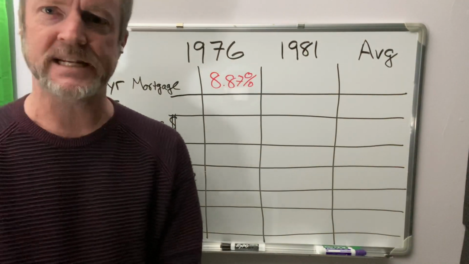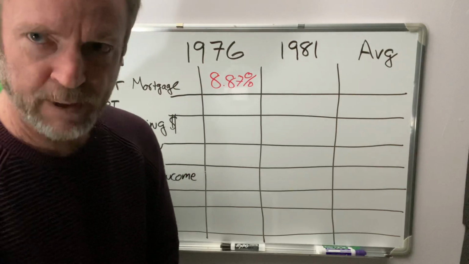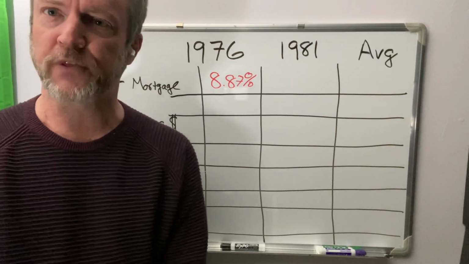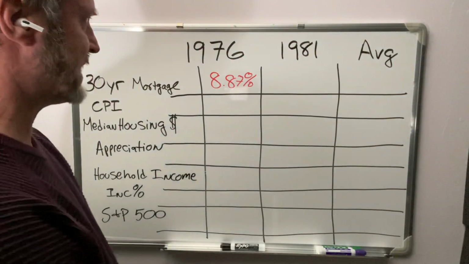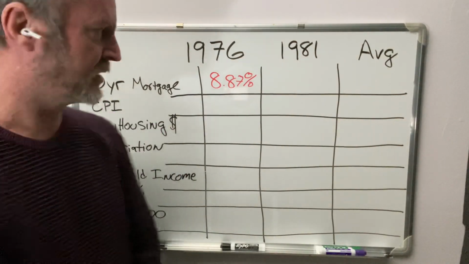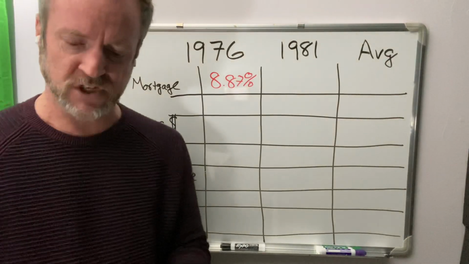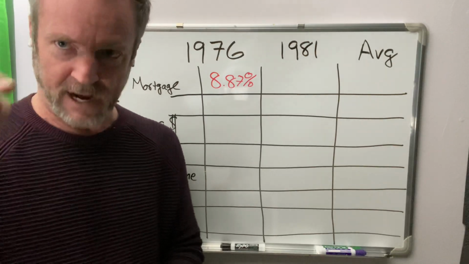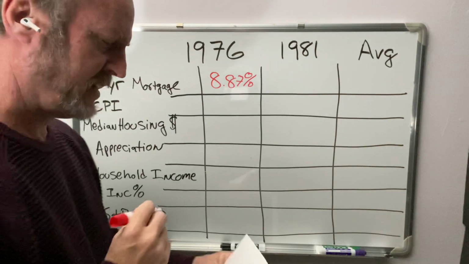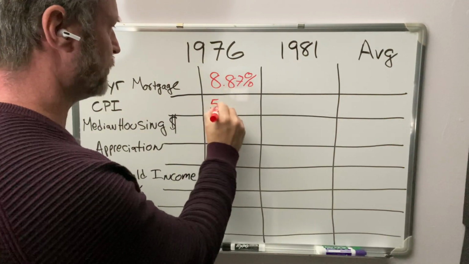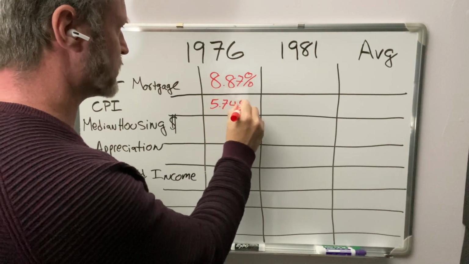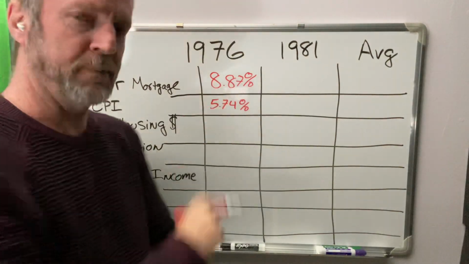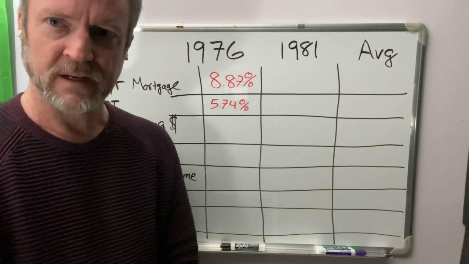Yes, folks, in 1976, you or your parents, grandparents maybe, their interest rate for 30-year money was 8.87%. Now, to remember CPI, Consumer Price Index, it was hot, not as hot as today, but it was hot. It was 5.74%. So again, 30-year money was above inflation.